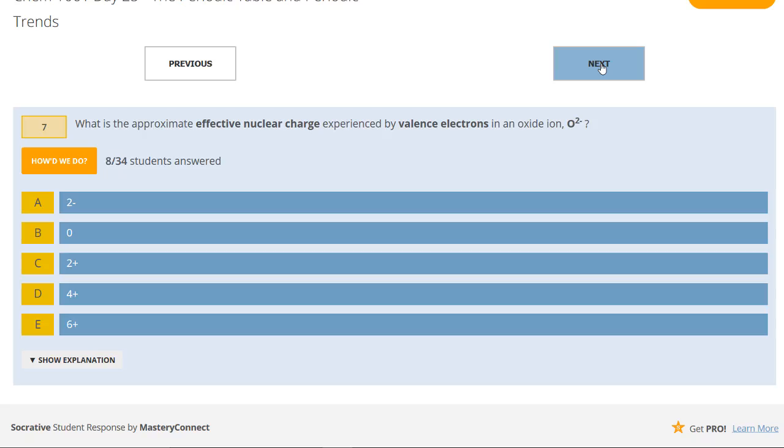What is the approximate effective nuclear charge experienced by valence electrons in an oxide ion?